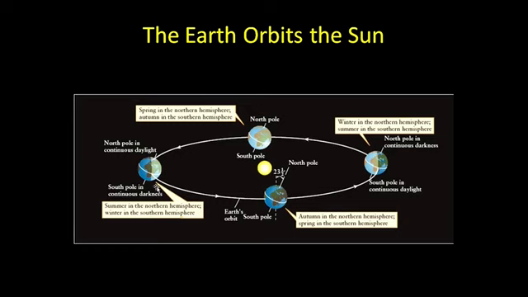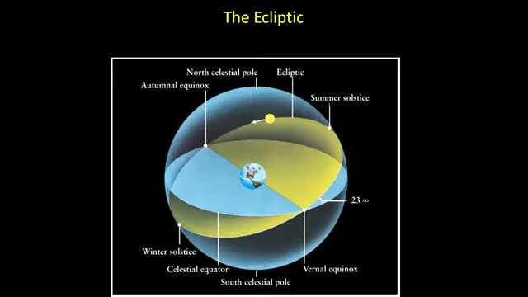And as the Earth orbits the sun, the sun appears to move around in a circle throughout the year. And that path that the sun takes is called the ecliptic.